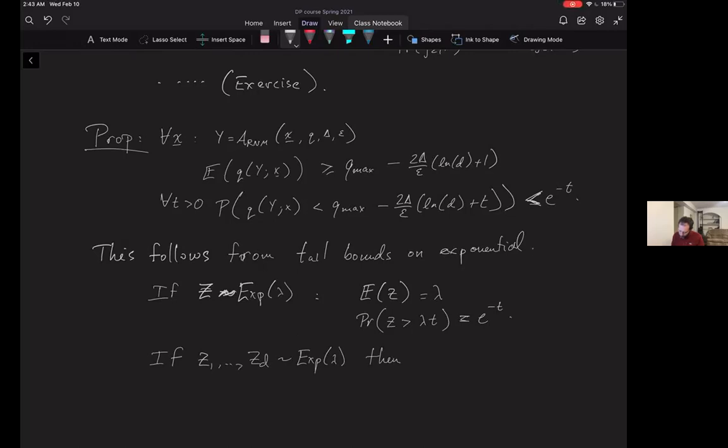One is that the probability that their maximum exceeds lambda times log of d plus t, that probability is at most e to the minus t.